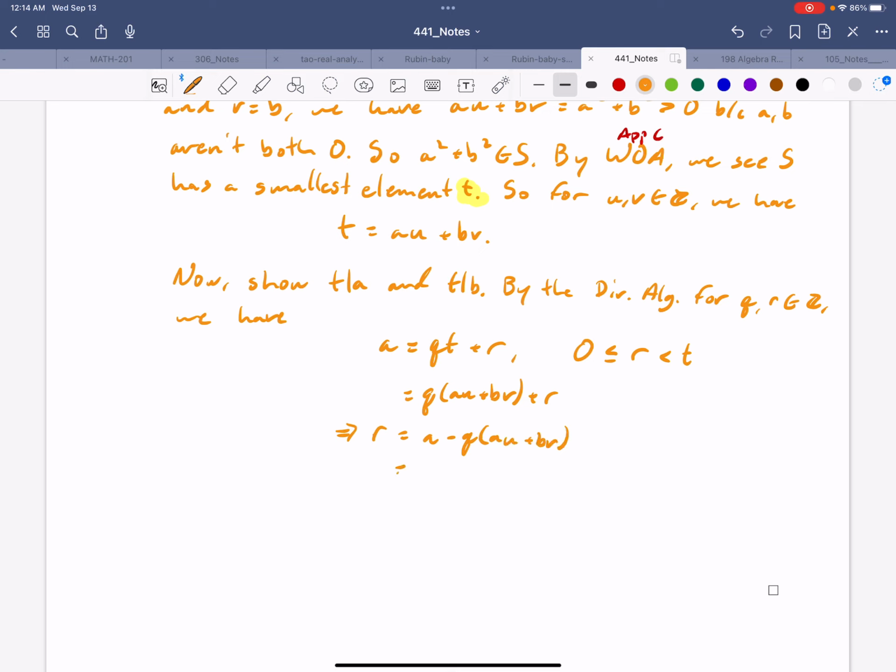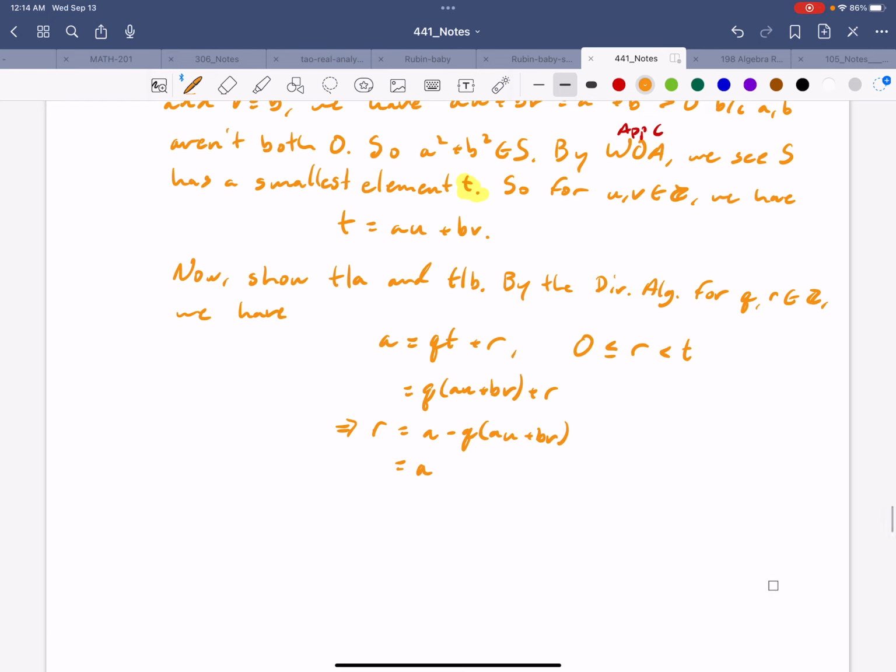And then you can regroup and distribute the negative sign, distribute the q, factor out the a, and you wind up getting a times (1 minus qu) plus b times (negative qv). You can pause the video if you don't see that, but just do it out.